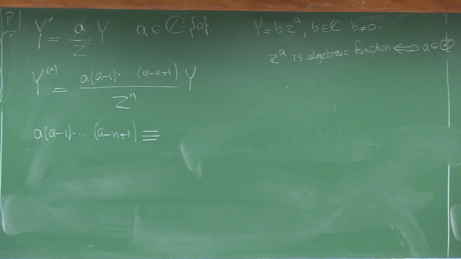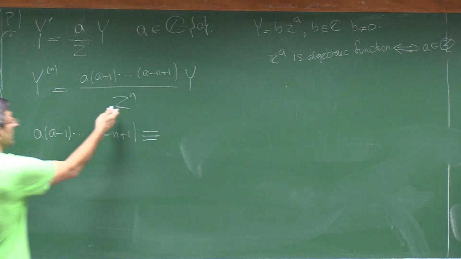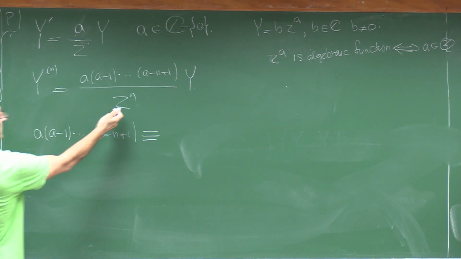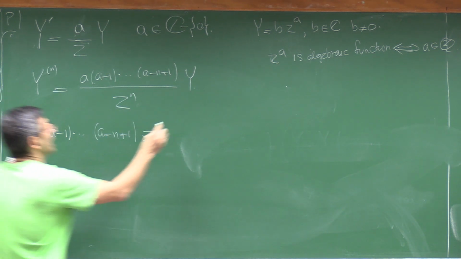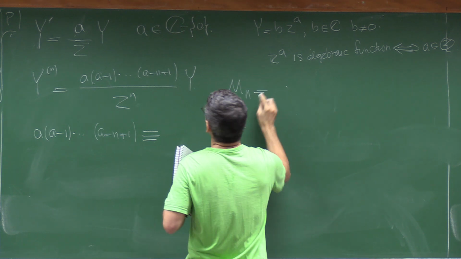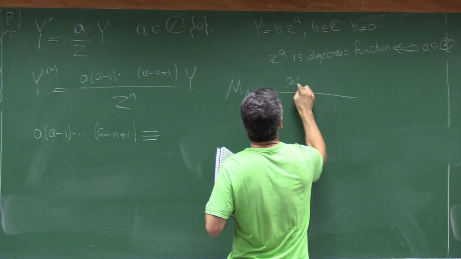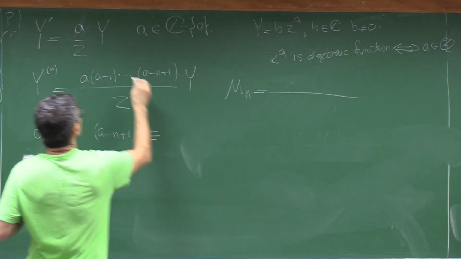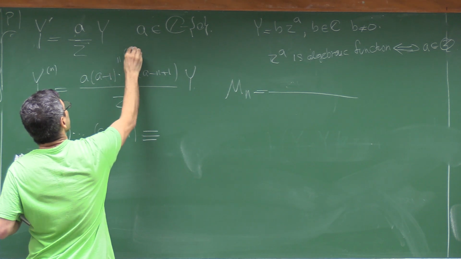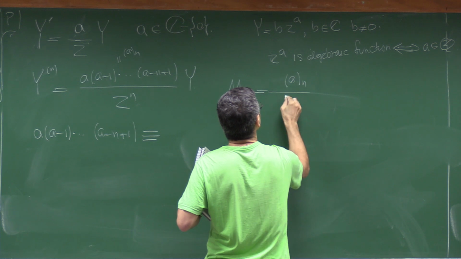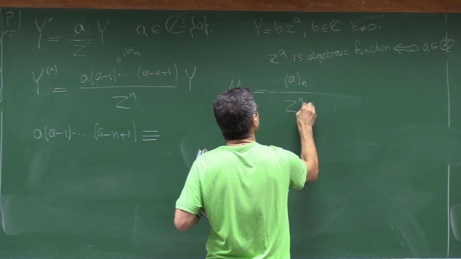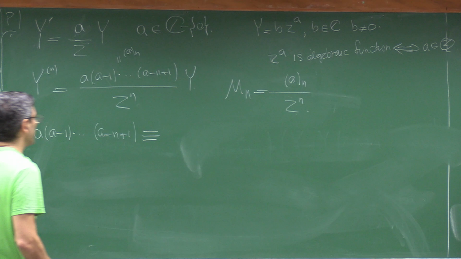In this case, for example, you see that there is always z^n, and at the end of the day, your M_n is a. Remember the Gauss hypergeometric function, we called it this, with coefficients a_n z^n.